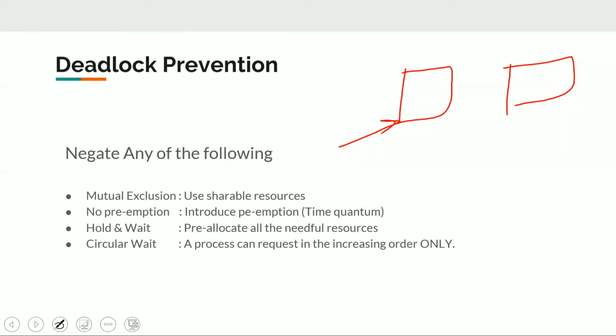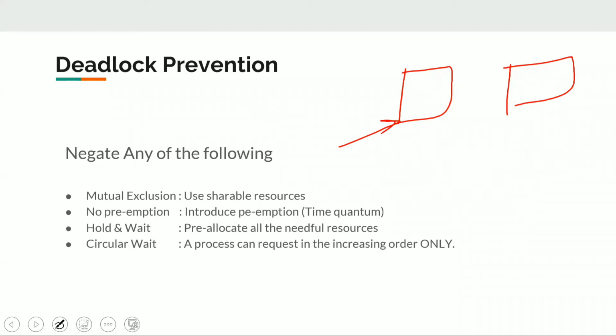But still, the second one is no preemption. We have already seen in the round robin algorithm that we introduce a time quantum system in which we decide up to what time we will execute a particular process. So if we introduce preemption, we can negate the no preemption condition. For example, process P1 is running and holding resource R1 and P2 holds R2.